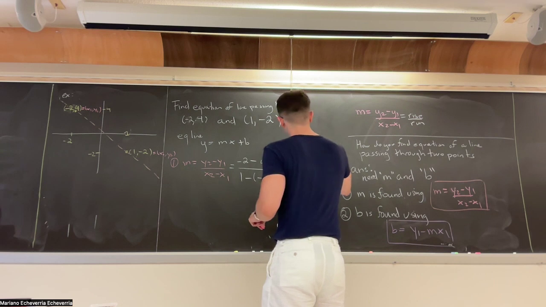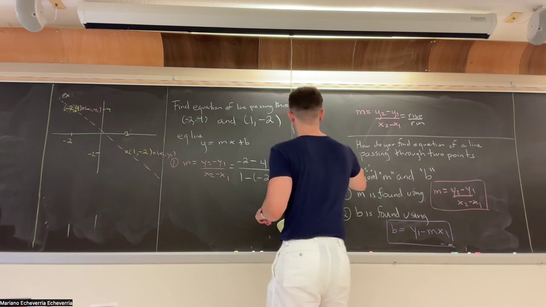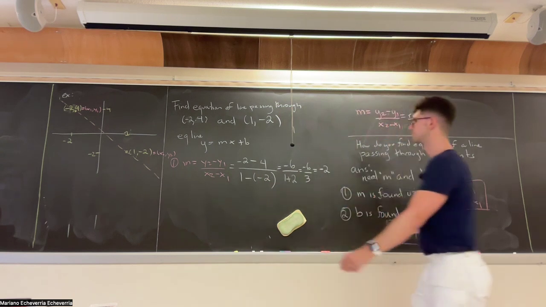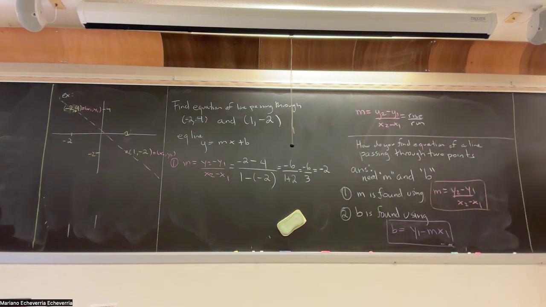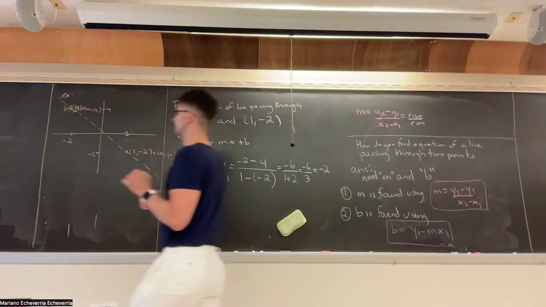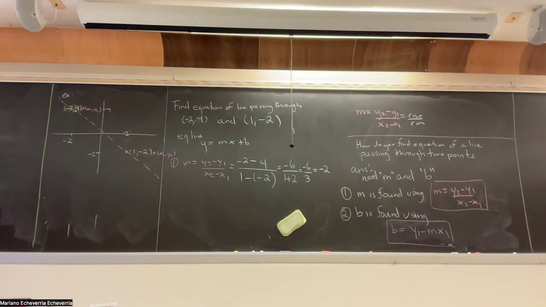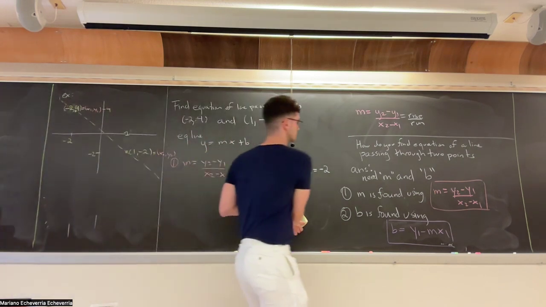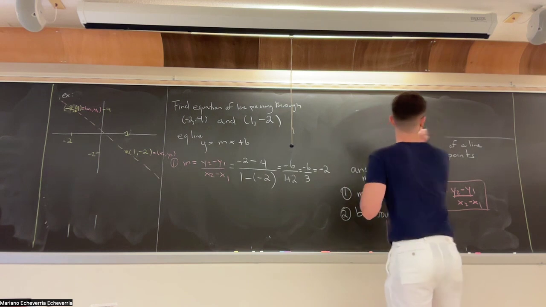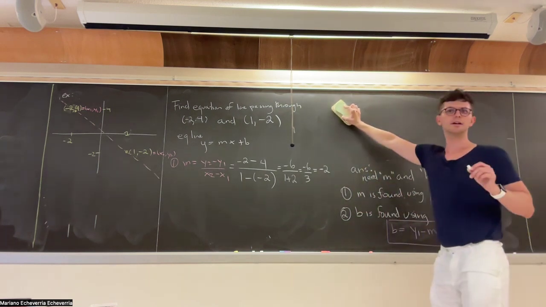So -6 over 3, which is -2. So the slope of that line is -2. That okay?